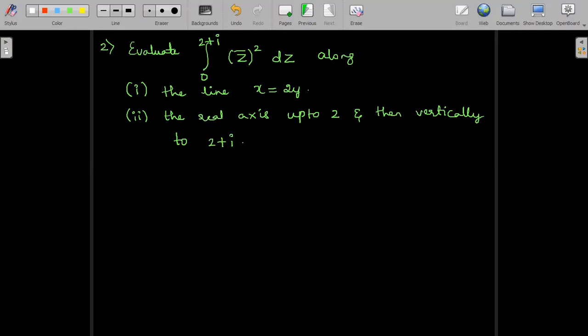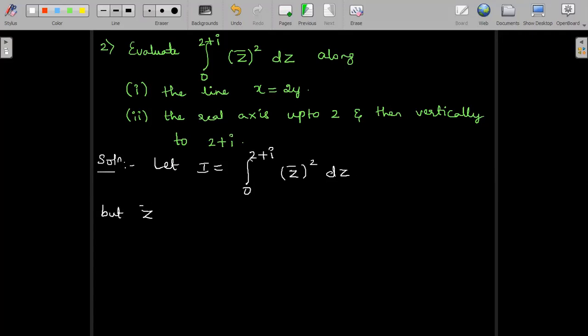So let us see the solution. Very firstly, let us denote the given integral as I for convenience, integral from 0 to 2 plus i of (z bar) whole square dz. Now let us represent what (z bar) whole square is and then multiply with dz.